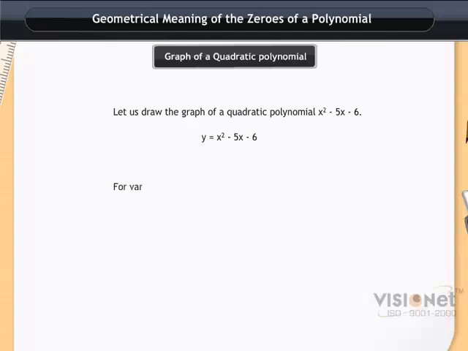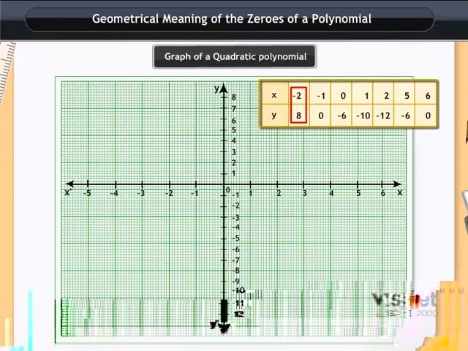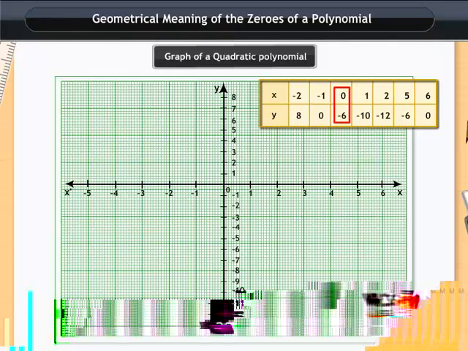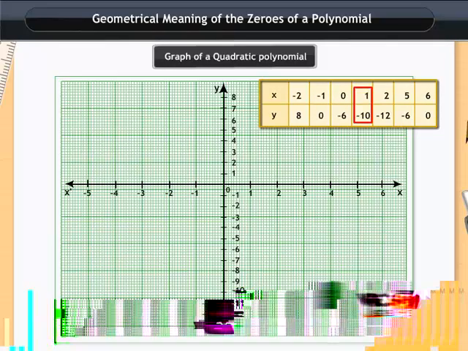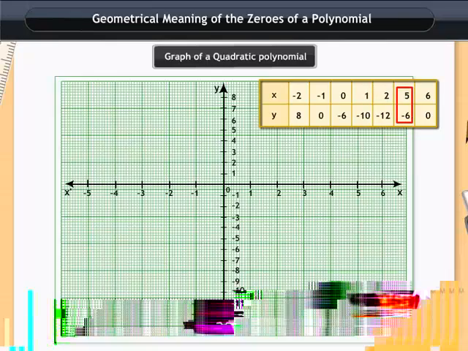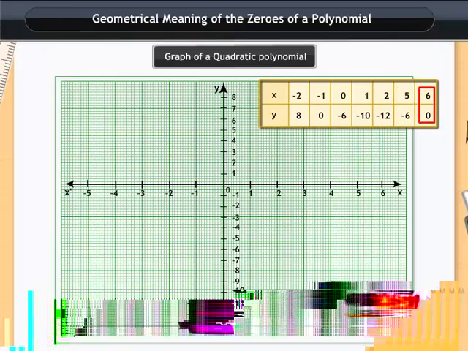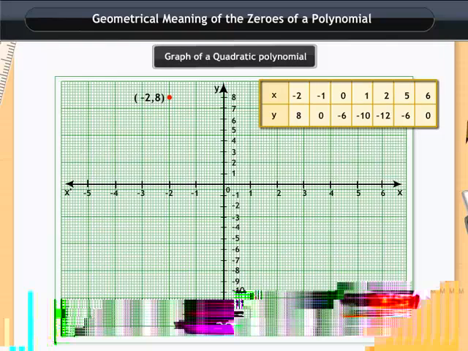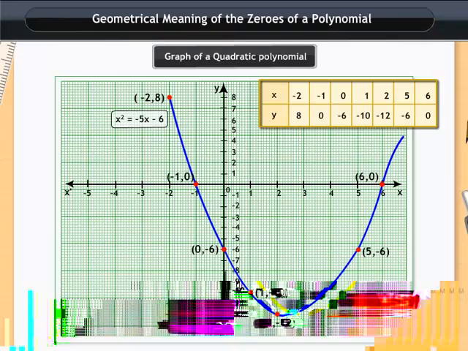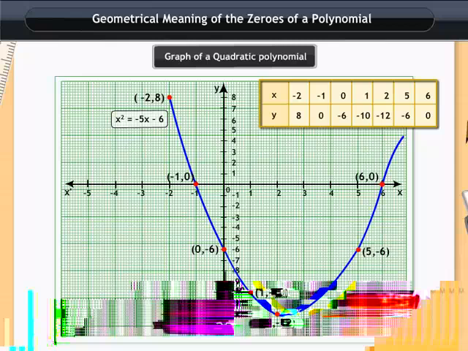For various values of x, the corresponding values of y are -2, 8, -1, 0, 0, -6, 1, -10, 2, -12, 5, -6 and 6, 0. Now we plot these points one by one on a graph paper and join them as shown. We get the graph for the quadratic polynomial.